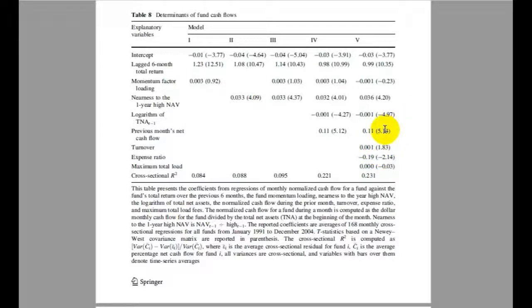However, we see that the previous month's cash flows, size, the nearness to the 52-week high, and the lagged 6-month return are all good predictors of the cash flow. But the momentum loading is not. However, we've seen in the prior tables that it's a good source of longer term, more stable alpha, whereas these other momentum factors are more transitory, short term sources of return.